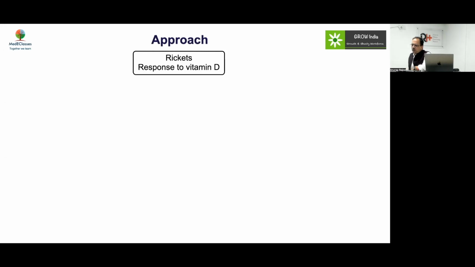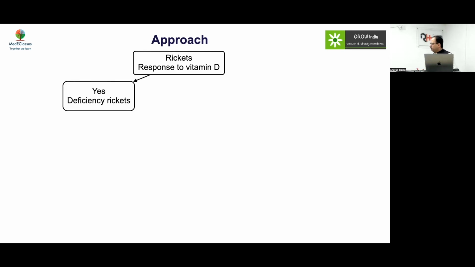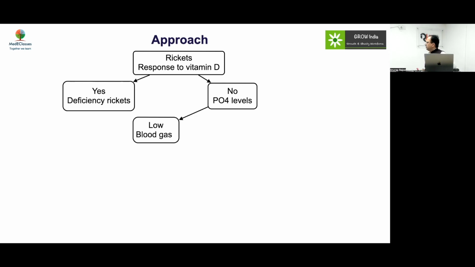First, of course, is to look for response to vitamin D, maybe wait for a period of approximately 3 months. If there is response, it's a deficiency rickets. If there is no response, look at phosphorus. If phosphorus is low, you can have RTA, you can have VDDR, and you can have hypophosphatemic rickets. So look at the blood gas.